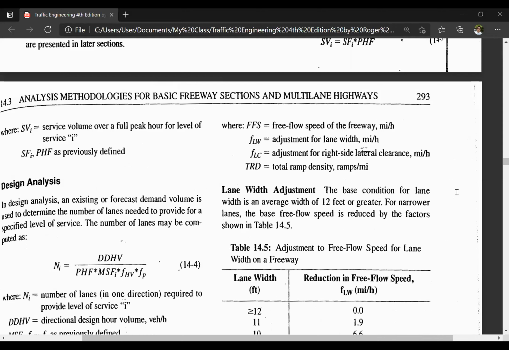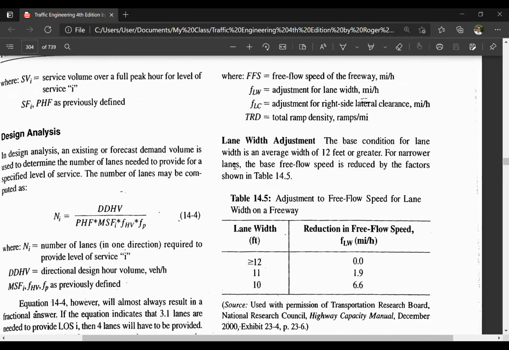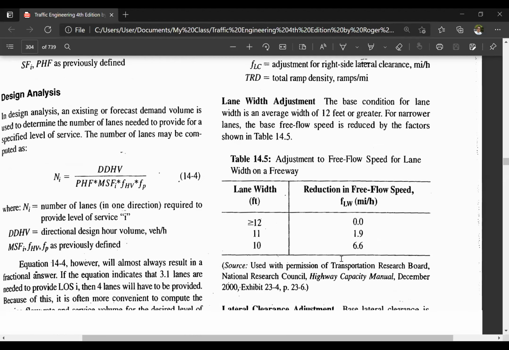Okay, let's see the first one. Adjustment for lane width. The best condition for lane width is an average width of 12 feet or greater. For narrower lanes, the base free flow speed is reduced by the factor shown in table 14.5.